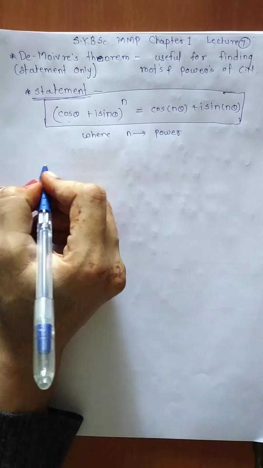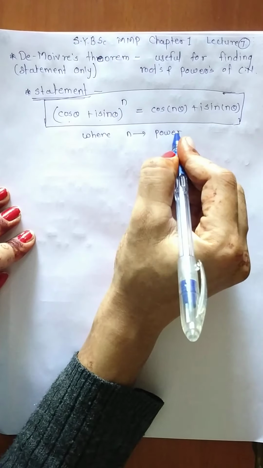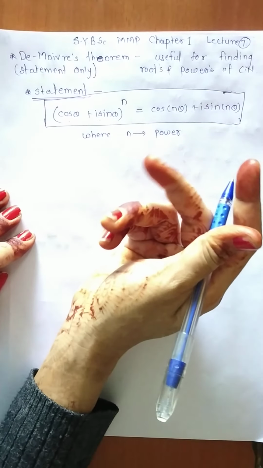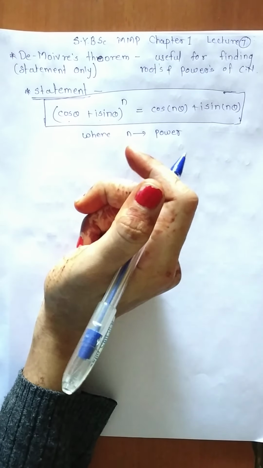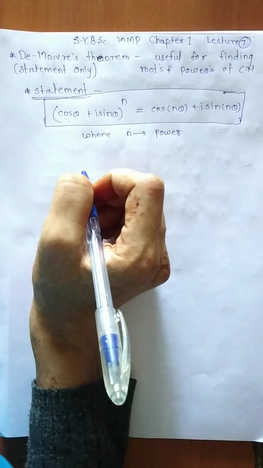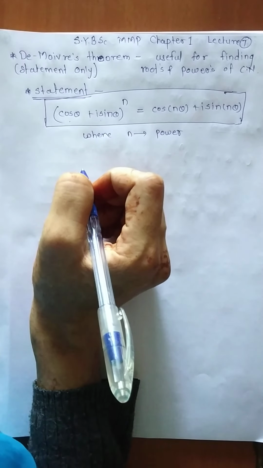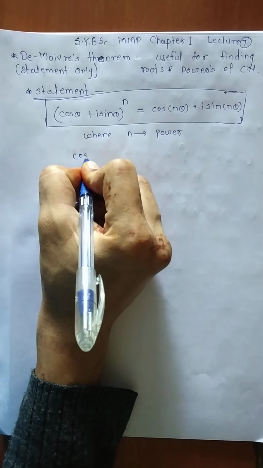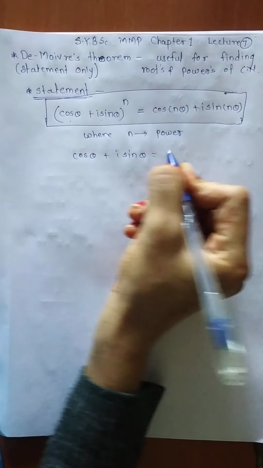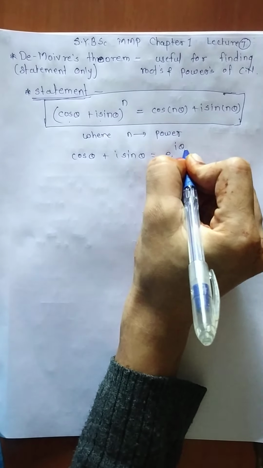Now for deriving the proof we will use Euler's formula. In the previous lecture we have seen the proof of Euler's formula. So what is Euler's formula? Euler's formula is cos theta plus I sin theta is equal to e raised to I theta.